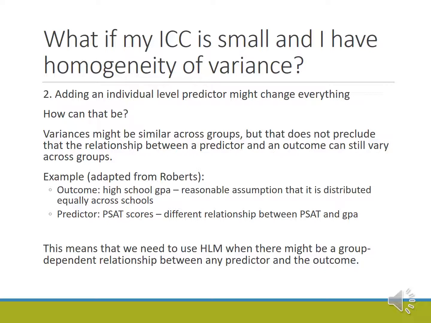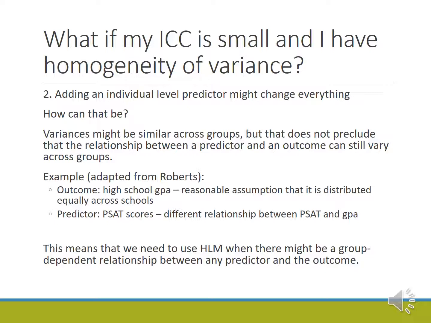So what if we want to look at the impact and the relationship of the PSAT scores on a person's high school GPA? Then things might look different, because we already know that if we used the PSAT scores as the outcome, there would probably, most likely, pretty definitely, be no homogeneity of variance.